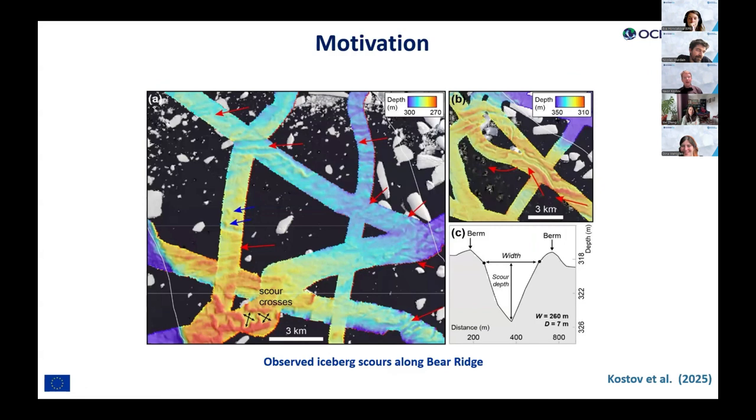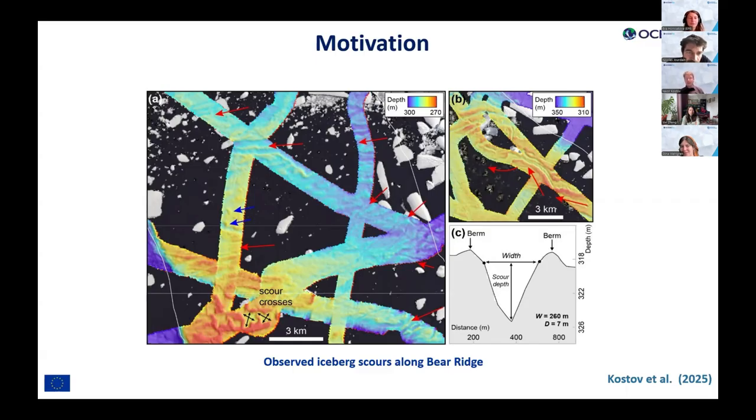Our colleague at BAS, Kelly Hogan, has prepared this beautiful figure showing sonar-derived images of iceberg scours on top of the shallow Bear Ridge in the Amundsen Sea. She shows here very clearly that these scours are mostly zonally oriented, although some of them show complex forms, these scour crisscrosses.